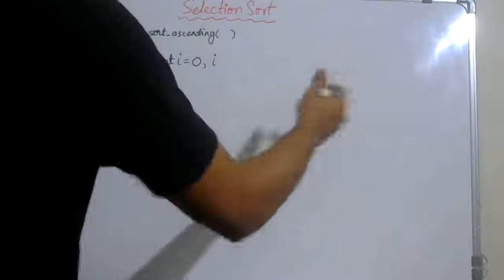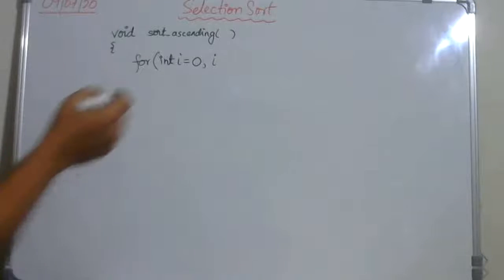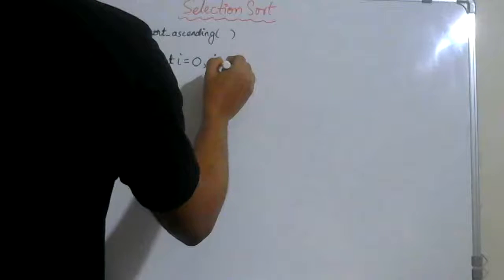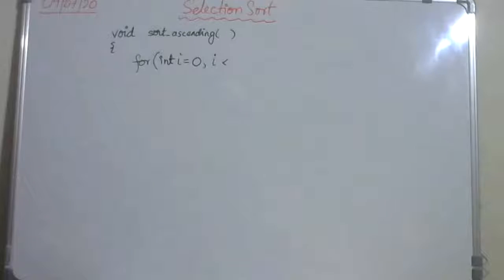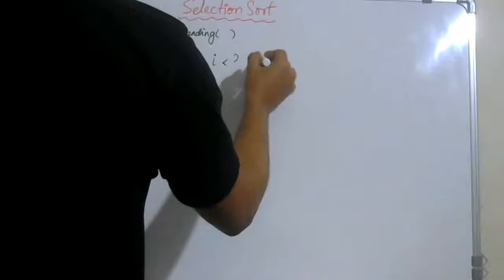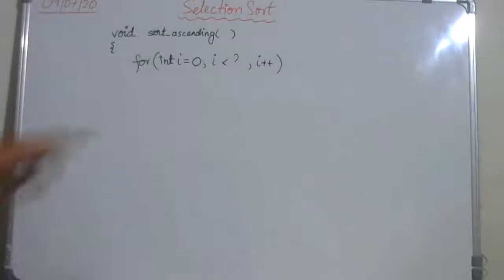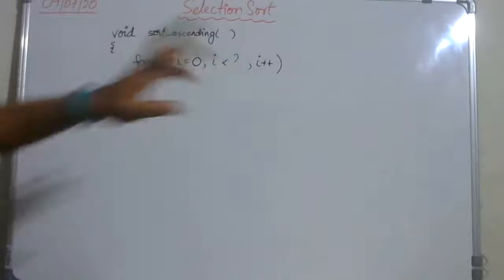If you remember, I told you 2 points to remember for selection sort. The first point was the number of iterations would be one less than the number of elements. So I is less than. So what will come here? What do you think will be the value here? And this is as usual i plus plus. This particular value is very important.